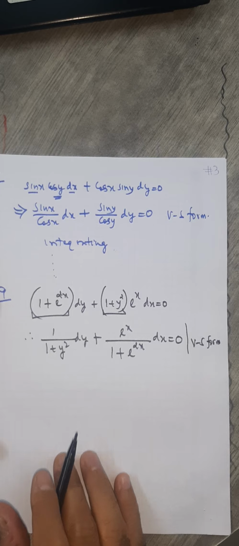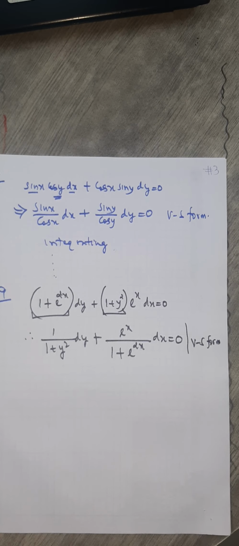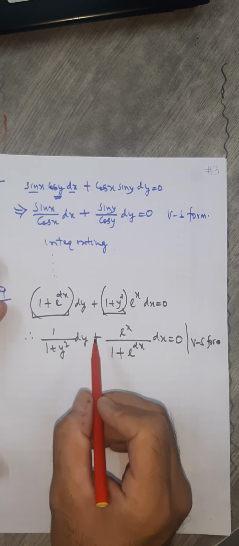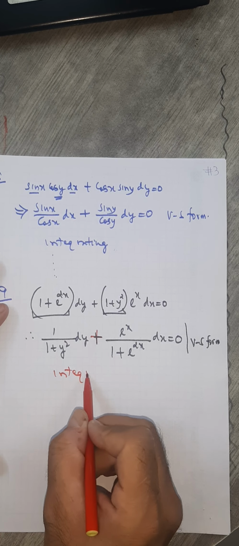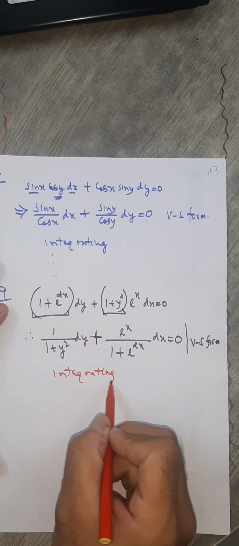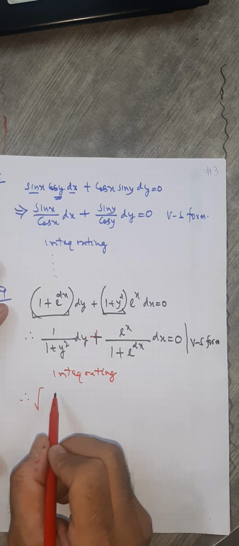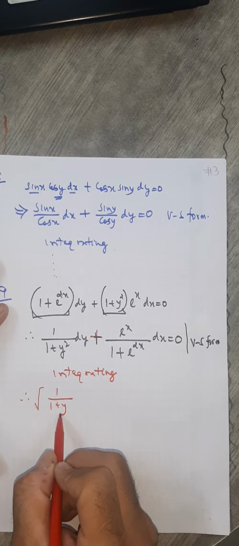Now the question is integration. The first one is the standard formula, remember. You know the integral of the first one. How will you do the second one? Can you just recall? We had a number of such questions earlier.